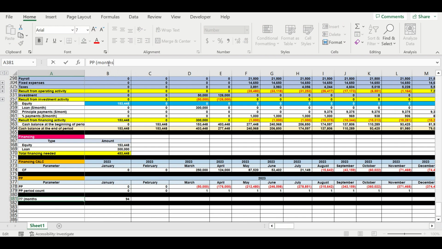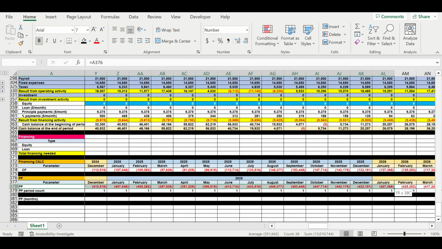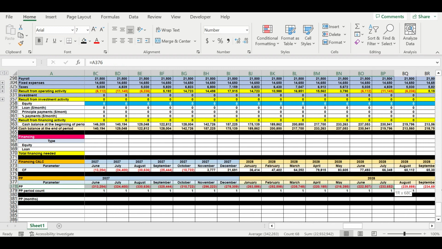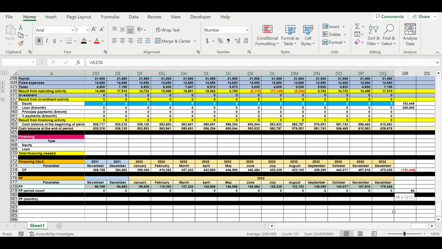This parameter, simple payback period, is nominated in months. And for example, we can create a diagram for that. Insert, then diagram.